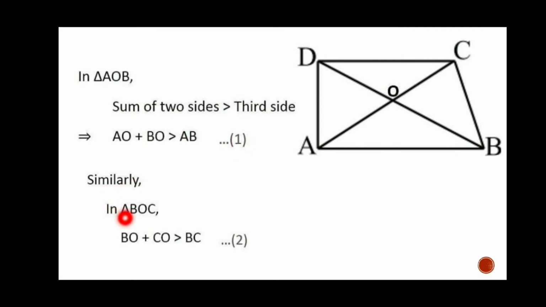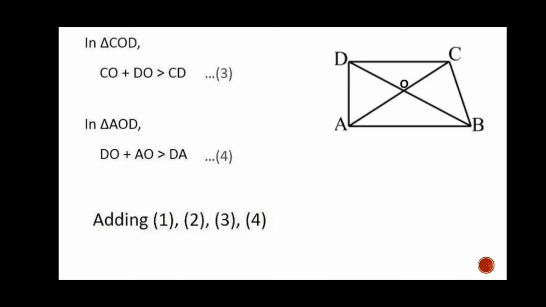Similarly, in triangle BOC, BO plus CO will be greater than BC. So this will be equation number 2. Now next is triangle COD. In this triangle CO plus DO will be greater than CD. And similarly in AOD, DO plus AO will be greater than DA or AD.